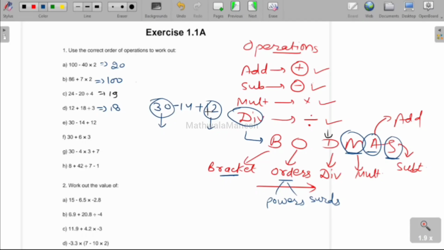So we will first add the two positive numbers, which is 30 plus 12, 42. After that 14 is negative. So we will subtract 14 from 42. So this is 28. I hope you understand the BODMAS rule, and this is how the operations work.